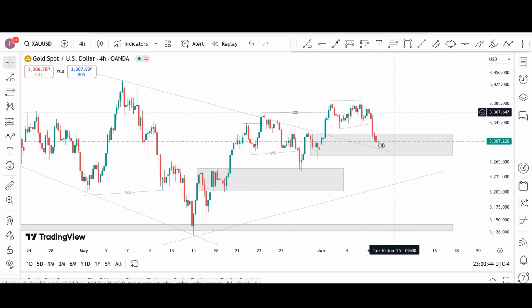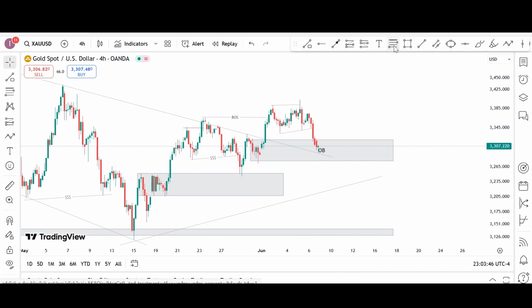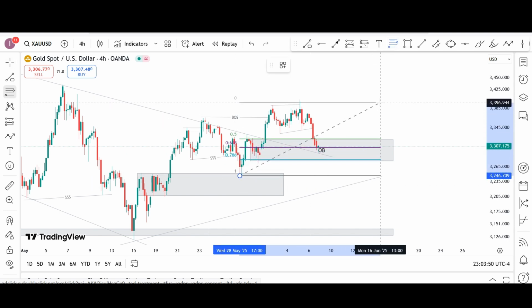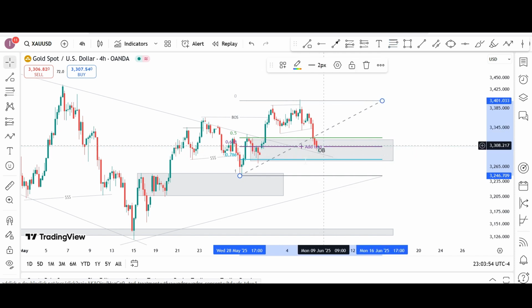After a break of structure, price came back to the discount zone. It's currently at the discount zone, which is the best area to go long.